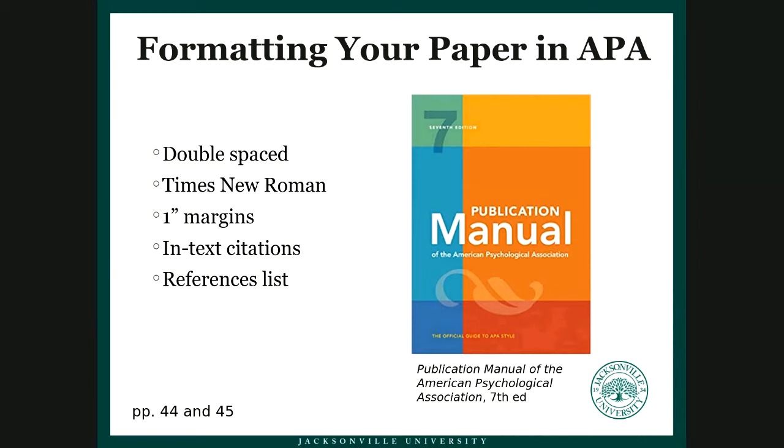The second place you want to cite your sources is on the references list. At the end of your paper, you'll have an entire list of all of your sources, and I will show you an example of that in a little bit. If you have questions about formatting your paper, check out page 44 and 45 of the APA manual. We also have a sample paper on our research guide.